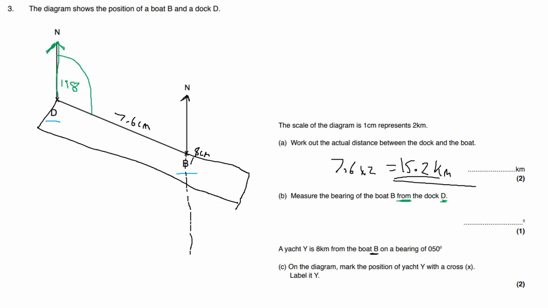We're going to measure an angle with our protractor. Here comes the dodgy protractor again. And we're going to go 1, 2, 3, 4, 5. And we're going to measure an angle of 50 degrees, which is here. And we're going to draw a 4 centimeter line.